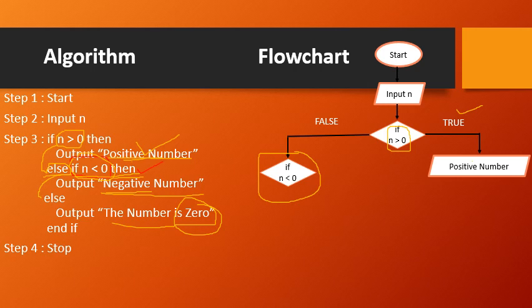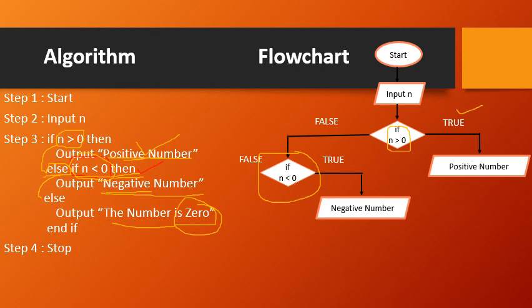Again, this may have two possibilities, true or false, right? It may have a true result or a false result. True in the sense that the number is less than 0, that is true. Okay, if that is true, then what has to be done? The output should be negative number. So within a parallelogram, we will write negative number. What if it is not true? If n less than 0 is not true.